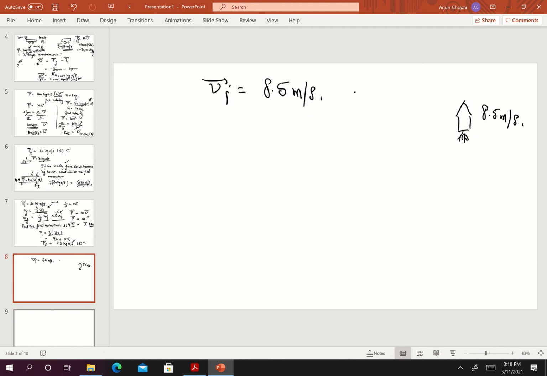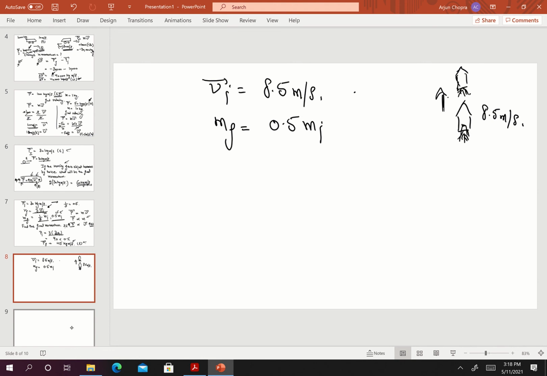And then because this is a rocket, it contains certain fuel, and while it is moving upward, the fuel will burn off, and then the mass of this rocket will reduce. So I'm going to say that the mass final is equal to 0.5 of mass initial. Let's say this is also given to me. While reaching up to a certain distance, the mass reduced to half.